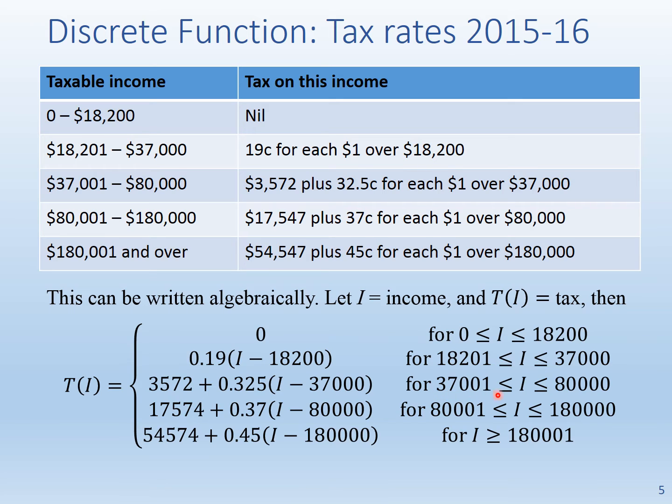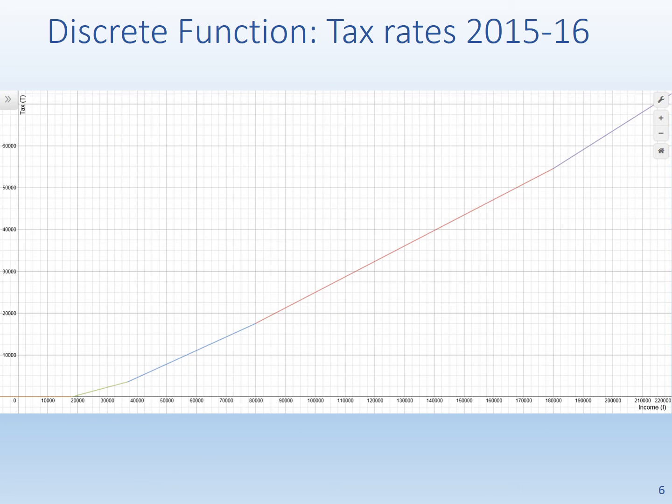Then you skip over to the next bracket where you're paying the $3,572 and 32.5 cents for each dollar over the $37,000, and so on and so forth for the next two brackets as well. We can also represent that tax scale as a graph.